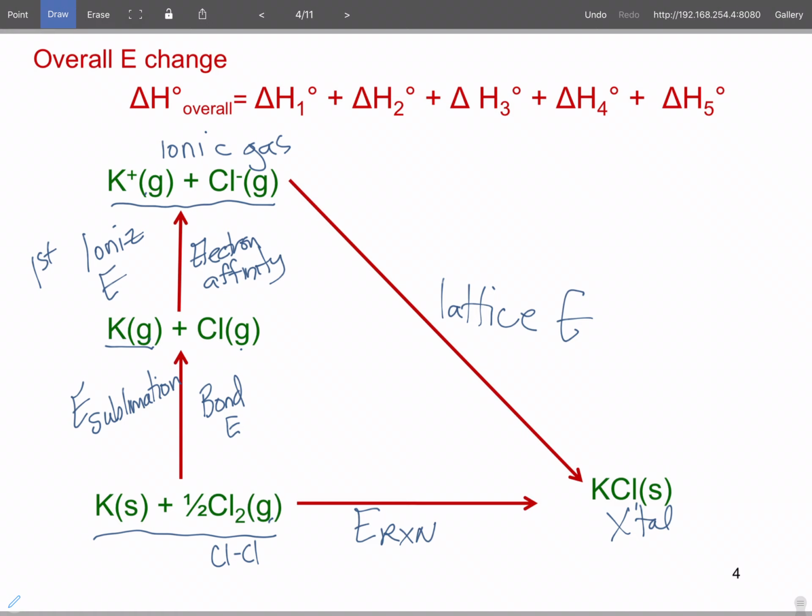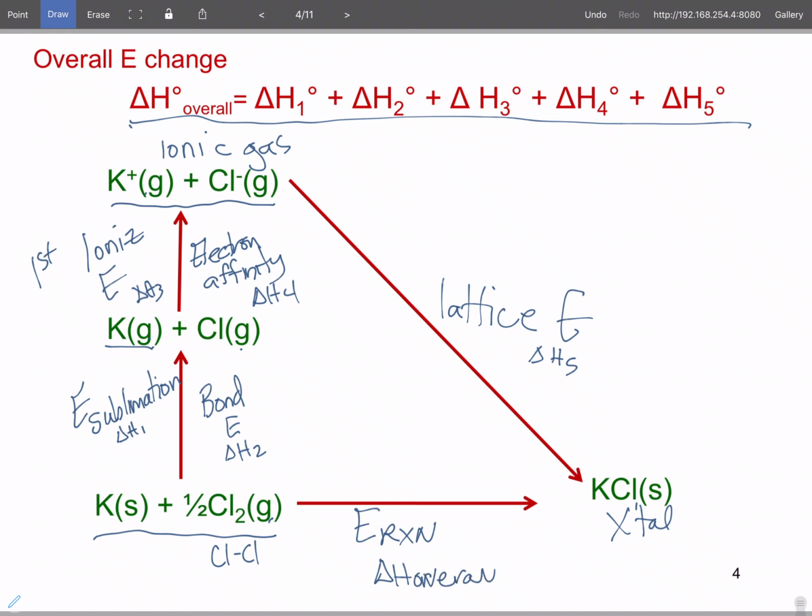So it's one big loop. So what happens is if we look at it, the overall energy is the sum of each of the steps. So if this is delta H sub 1, and this is delta H2, and delta H3, and delta H4, delta H5, and this would be delta H overall.